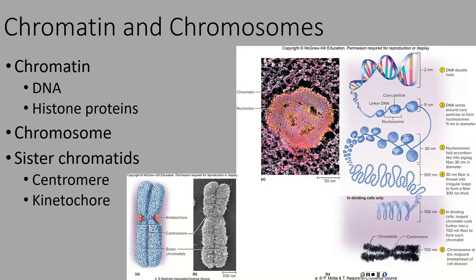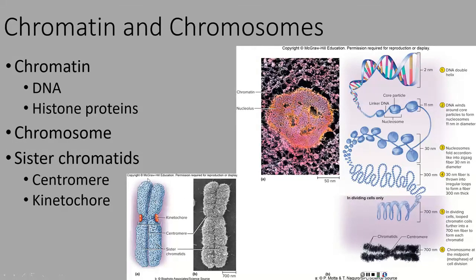And when we do that, that means we're going to have 2 copies of chromosome 1, 2 copies of chromosome 2, all the way through chromosome 23. Now, when we do that, the copies of chromosome 1 are going to find each other and pair up, like we see down here at the bottom right, or like we see here in this middle image.